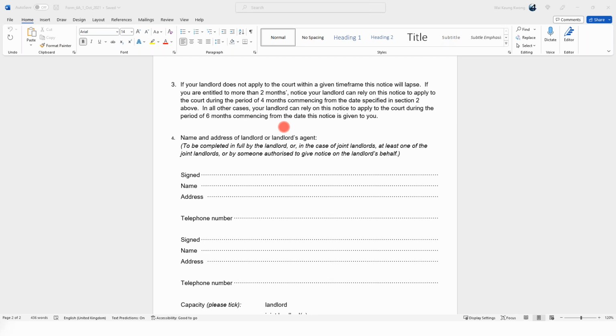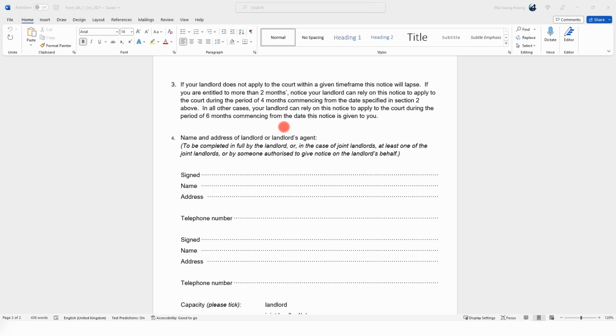So that's a 4-month period from the end of the notice period on your Section 21 before the Section 21 loses its validity. You can no longer use that Section 21 notice when you're going to court. So it's quite a long period of time. 4 months is quite a long time for you to be able to start court proceedings. So hopefully that shouldn't be an issue. Just be mindful of that.